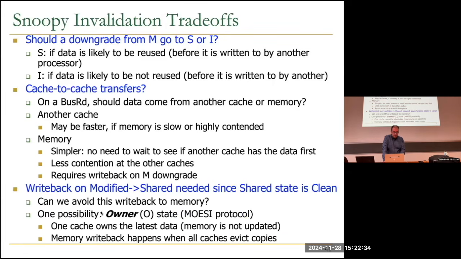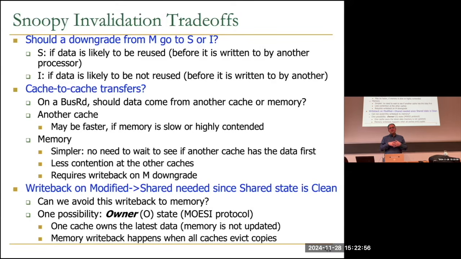Can we avoid that? One possibility is we define a state named owner in the MOESI protocol, so that essentially one cache should own the latest data. When you go from the modified state to the shared, all of them have updated data, so you actually communicate.